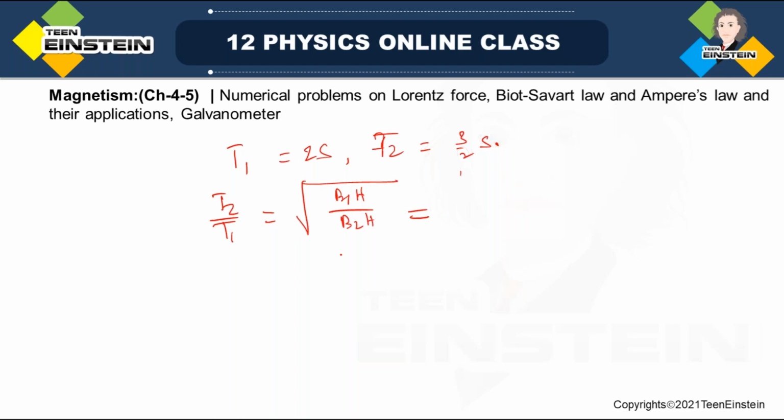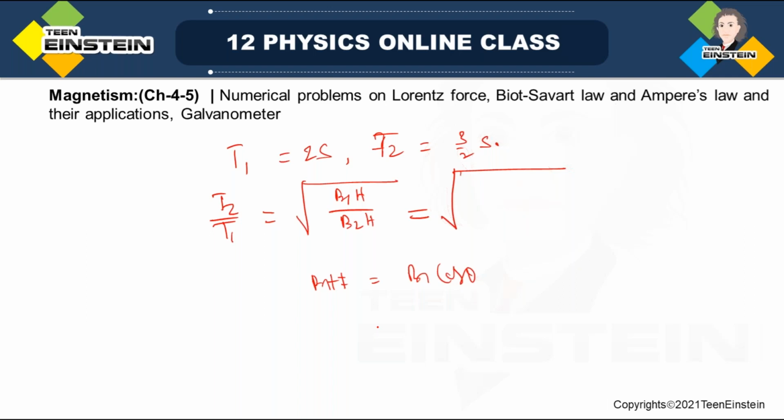Okay, so B1H again we know. BH1 is equal to B1 cos theta.